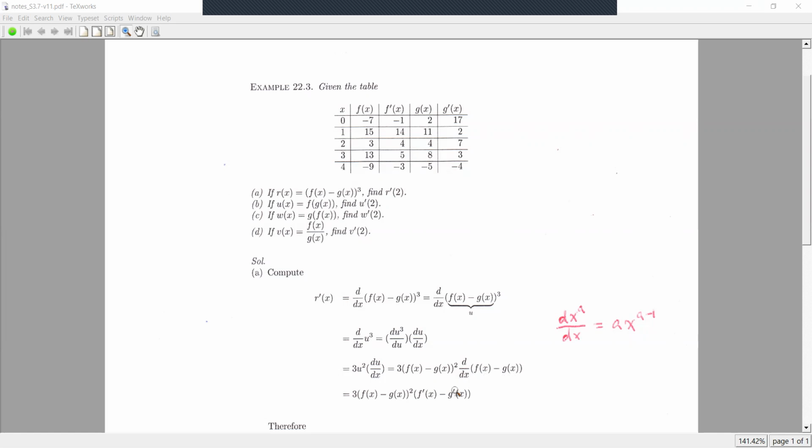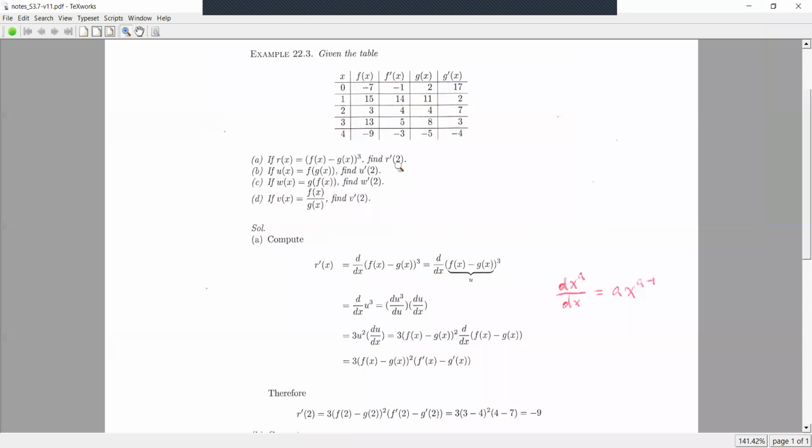This derivative is the derivative of function f minus the derivative of function g. Now, this expression is the derivative of the function R at the point x.